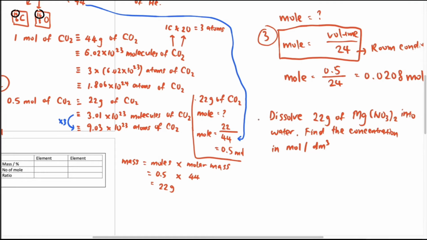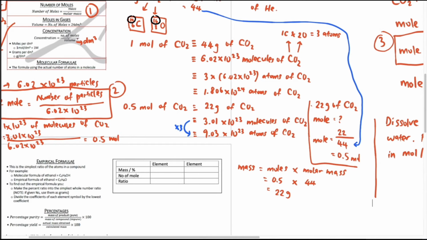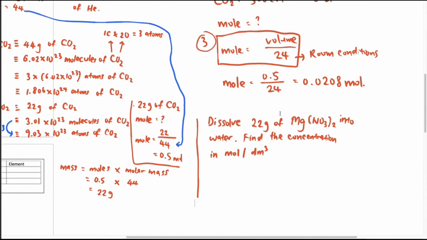So first of all, when you see this question, you know concentration in mole per dm cube, the formula is number of mole divided by volume in dm cube. Let's say I add one more piece of information.